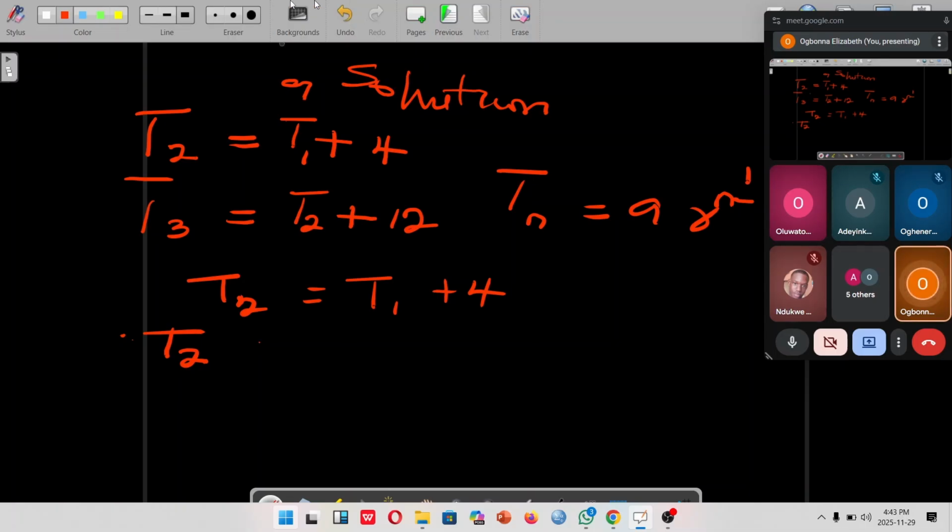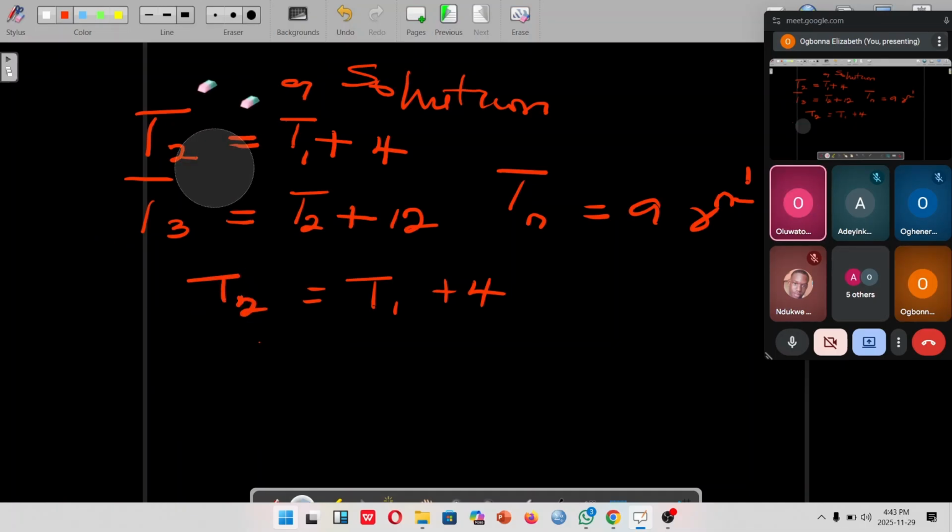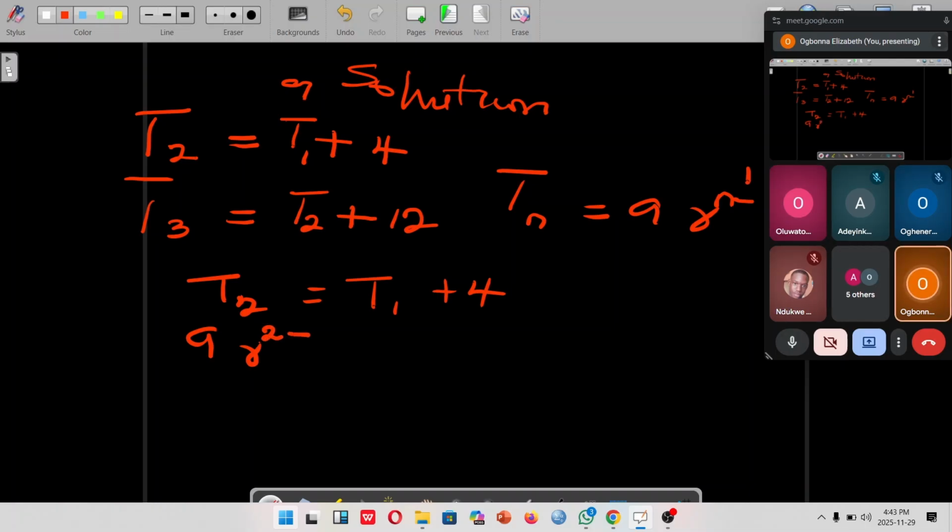Sorry, what will be our T2? Our T2 will be A, right? It will be A R raised to power 1, that is 2 minus 1, Abi. 2 minus 1.